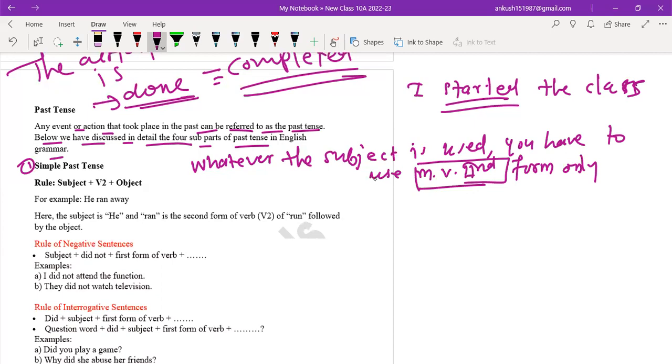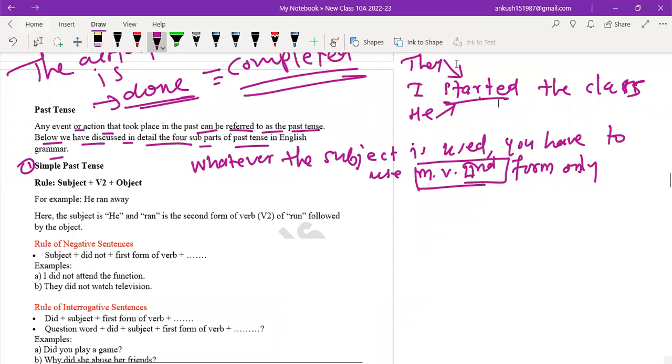Suppose I have written I started, I could have written he started or they started. The verb would not change its form. Understood? Yes, sir.